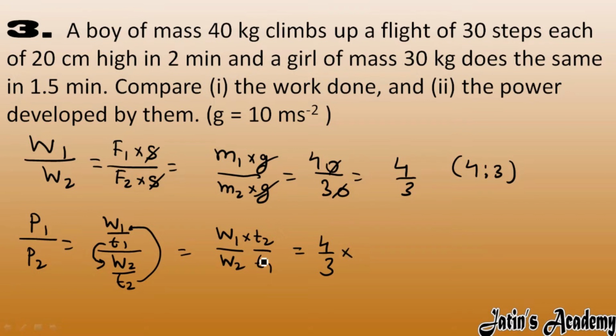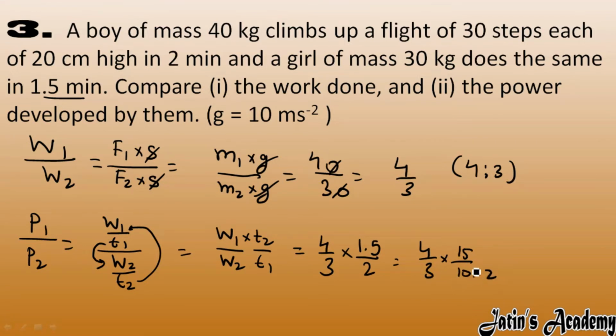Time, no need to convert it into SI unit. Why? Because when you multiply by 60 here and 60 here, it cancels out again. So T2 value, the girl's time, is 1.5 and the boy's time is 2. Now 4 by 3 into 15 by 10, then 2, cancel it out.